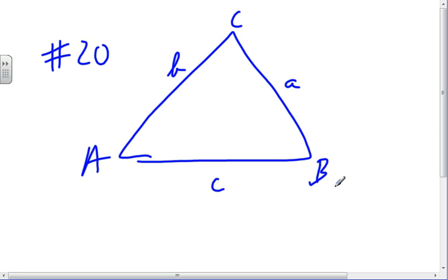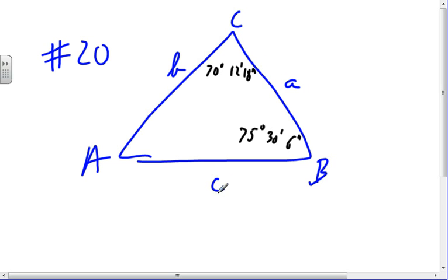Okay. So B is 75 degrees, 30 minutes, 6 seconds. C is 70 degrees, 12 minutes, 18 seconds.